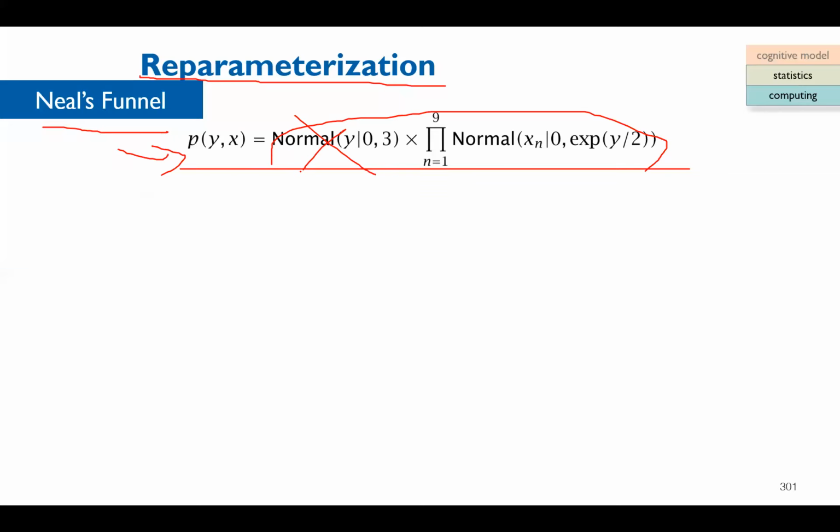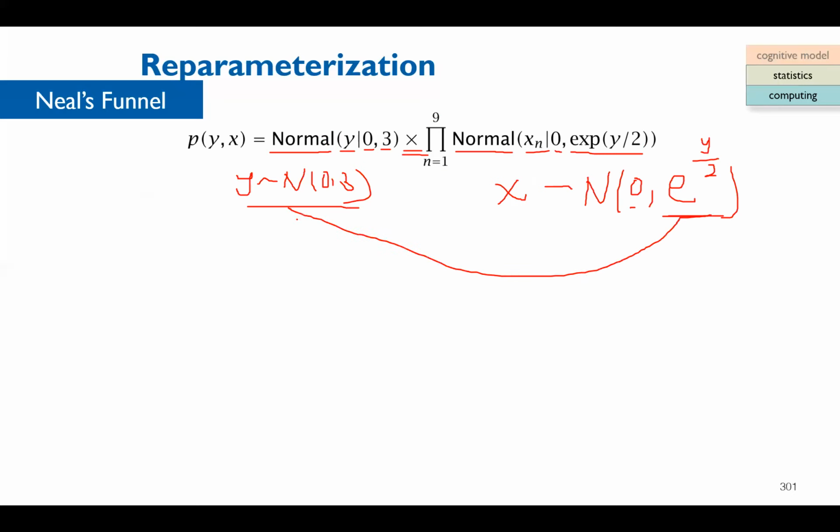Also not so bad. We know normal distribution has one parameter as the mean, the other as the standard deviation. But in this case, this standard deviation depends on this y. Even though there is a dependence, it's nothing else than a normal distribution. Good.